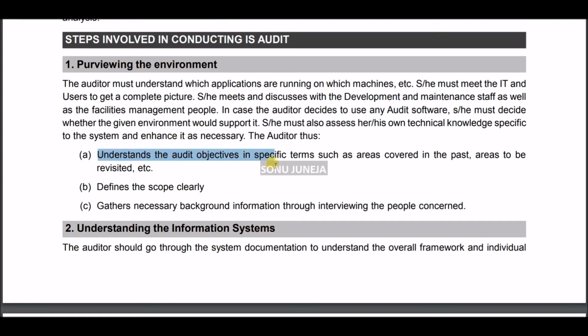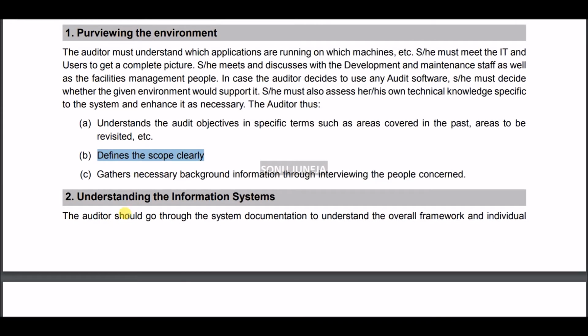So you need to understand the objectives of the information audit, the terms and the areas covered in the past, areas to be revisited, define the scope clearly, and gather the necessary background information through interviewing the people concerned.